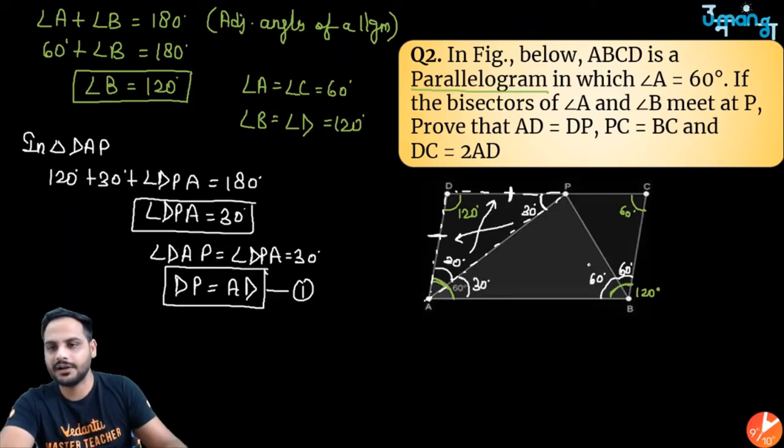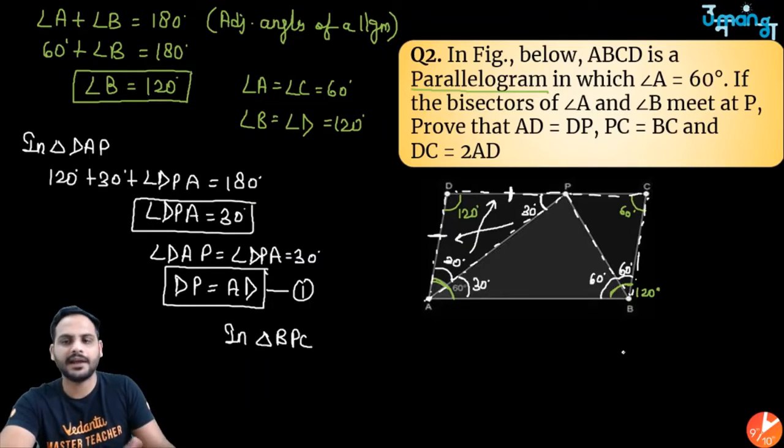Right? Similarly, look at this part. In triangle BPC, again if you use angle sum property, this is 60, this is 60, so the remaining angle will also be 60 degree. So I can say, using angle sum property, angle BPC will be 60 degree.